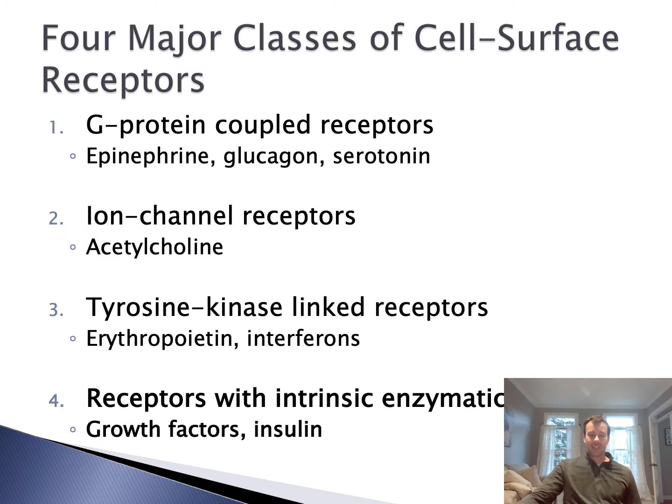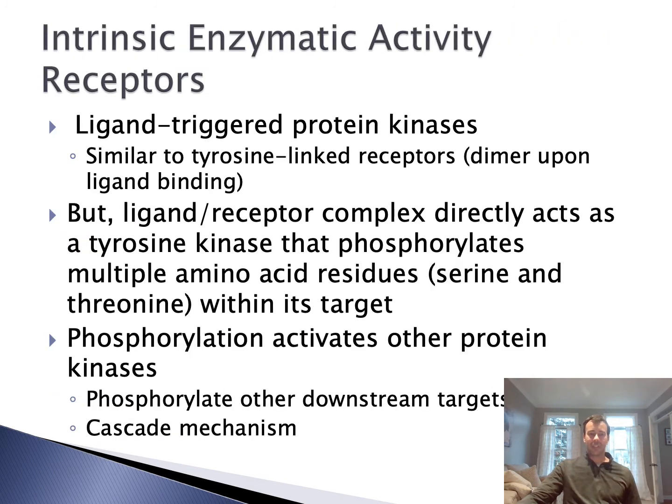This is in slight contrast with receptors with intrinsic enzymatic activity. So these are ligand-triggered protein kinases. They form this dimer upon ligand binding, but the difference is the ligand receptor complex directly acts as a tyrosine kinase that phosphorylates its target.